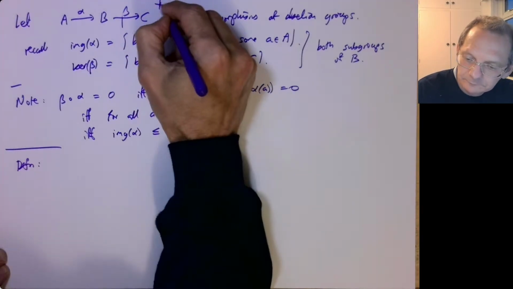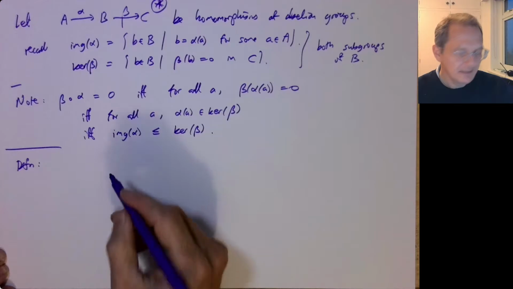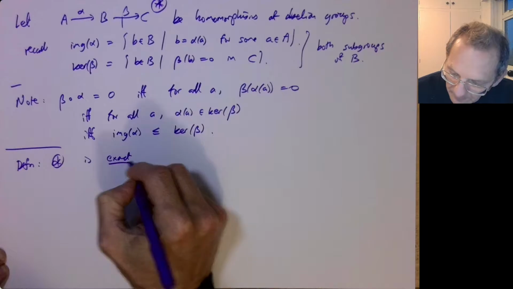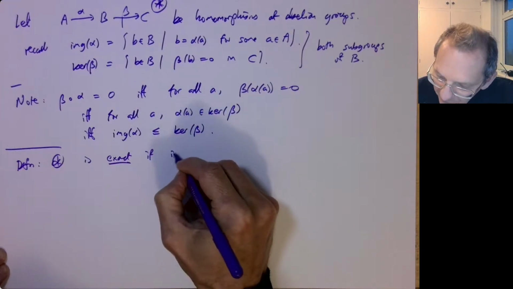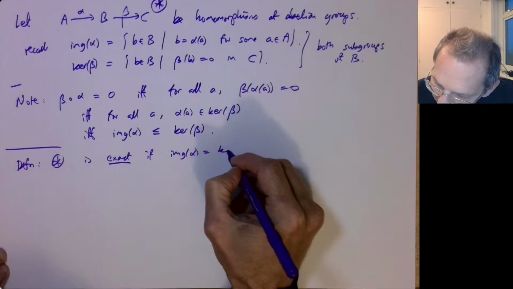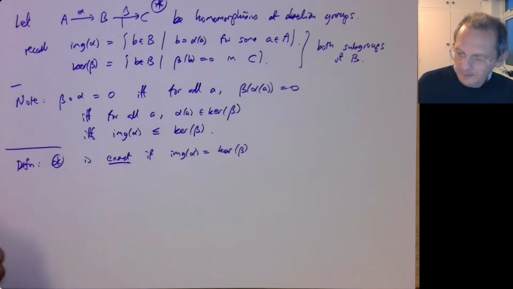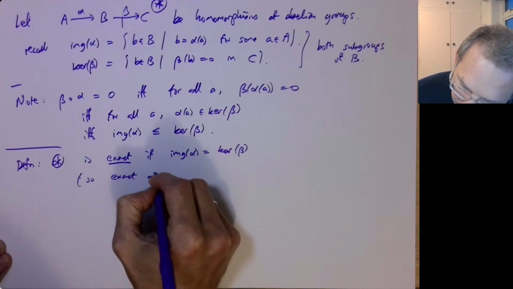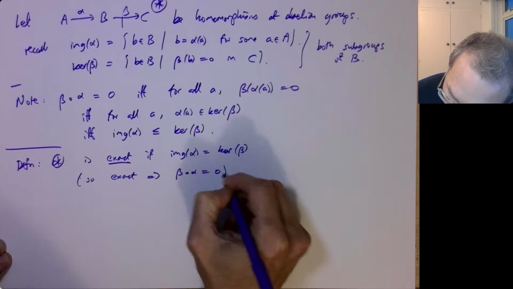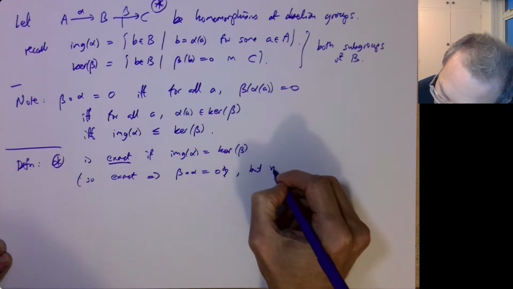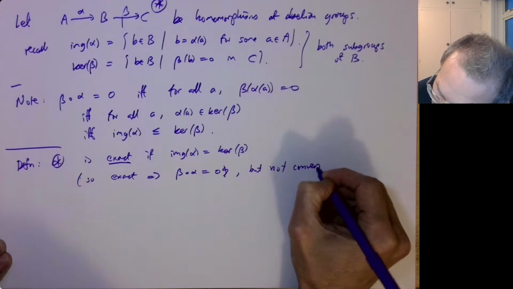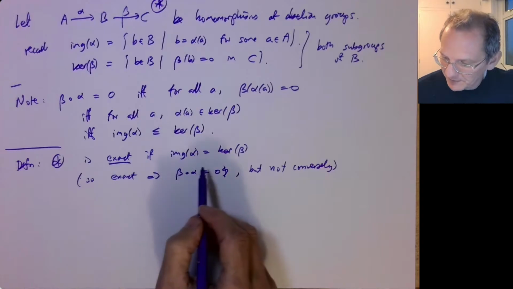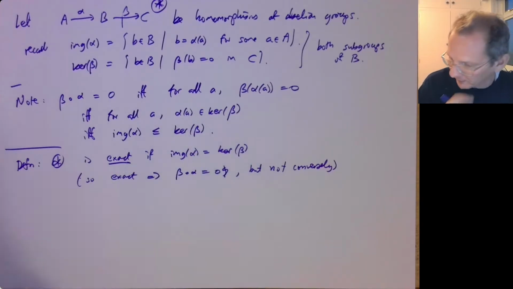And so the definition we want to make is that this sequence star is said to be exact if the image of alpha is equal to the kernel of beta. To say the image is equal to the kernel says that the image is contained in the kernel and also the kernel is contained in the image.